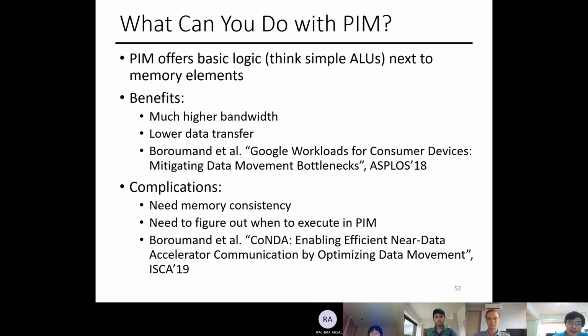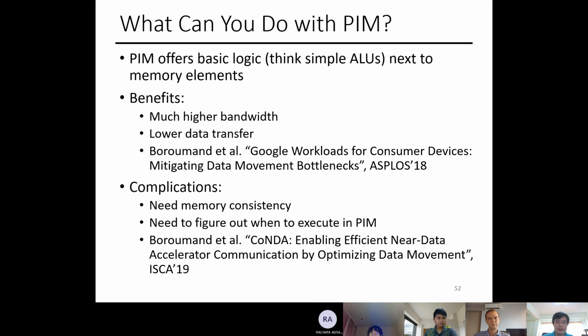So this is a follow-up work by my colleague. I'm a co-author of this paper as well. Basically, we look into how to enable efficient near-data accelerators by optimizing data movement.